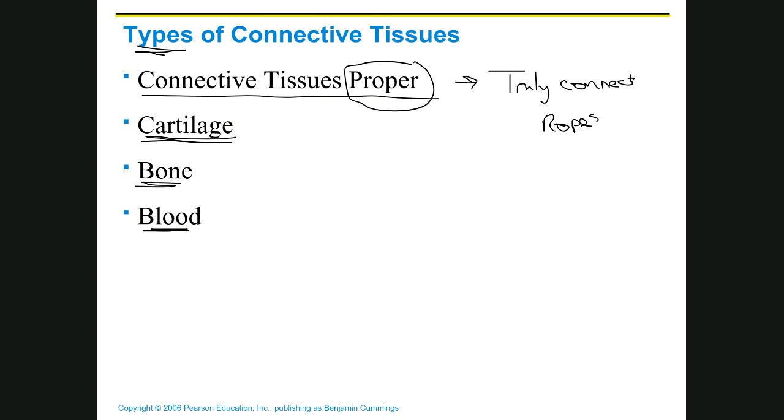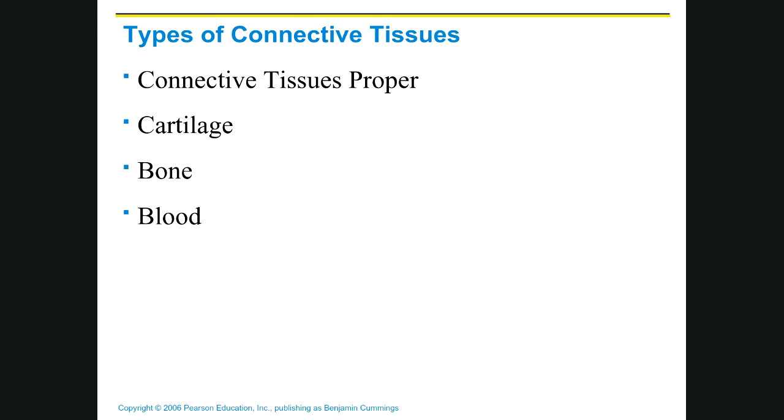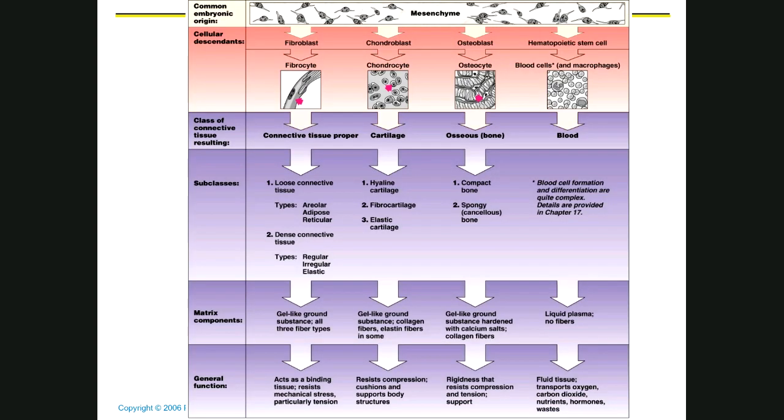But again, where does all this start? Remember, it starts as mesenchyme. So mesenchyme is this undifferentiated tissue. It can become any of these tissues. But in order to do that, it first has to turn into the cell that builds the tissue.